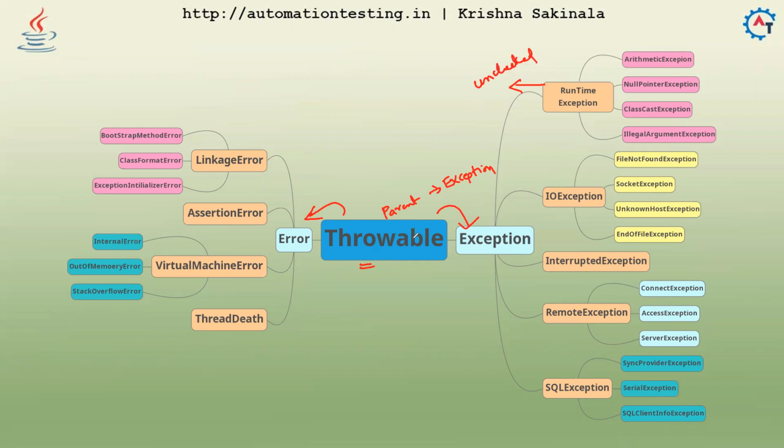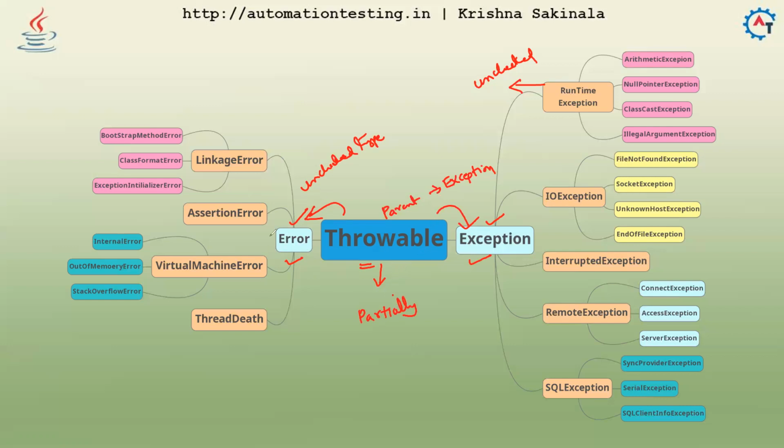Error is an unchecked type too. So Throwable has Exception and Error, and obviously it will become partially checked. This is partially checked.